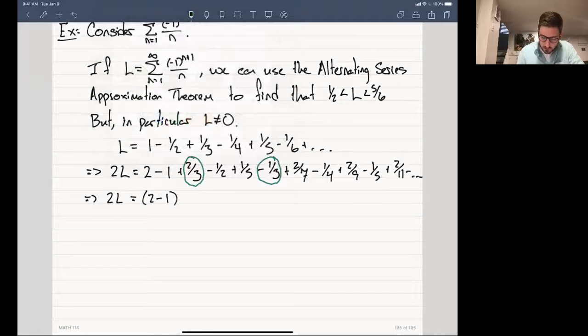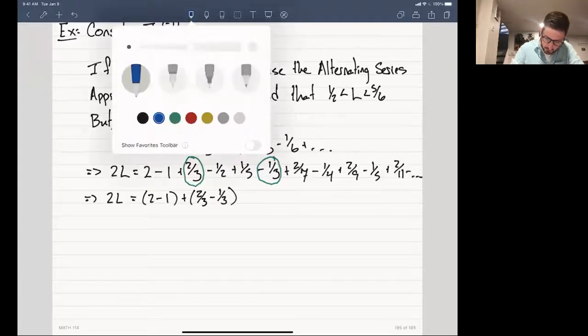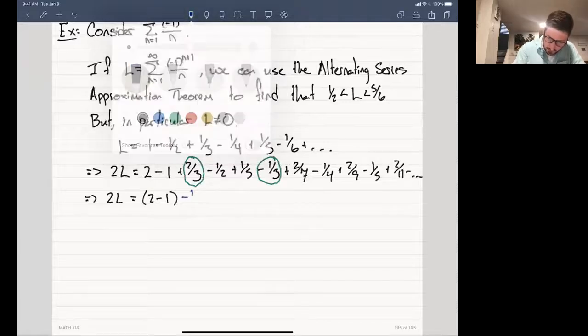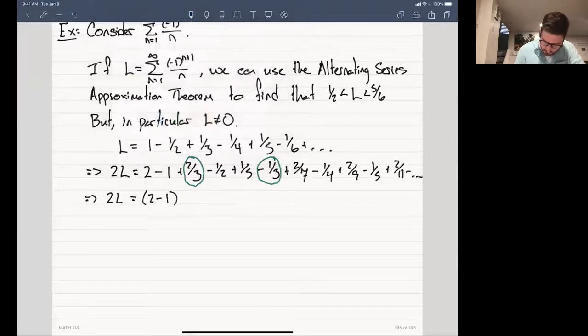So this is going to be plus 2/3 minus 1/3. Okay, so that's fine. Then maybe I'll use a different color. Let's go with, oh, I'm sorry, I forgot the 1/2. Pardon me. I skipped all the way up. So there's minus 1/2 here first, and then the 2/3.